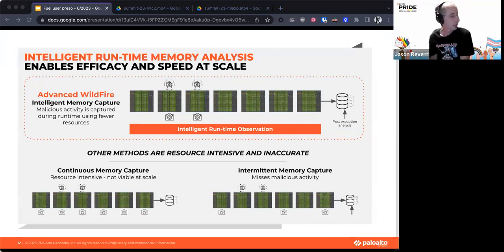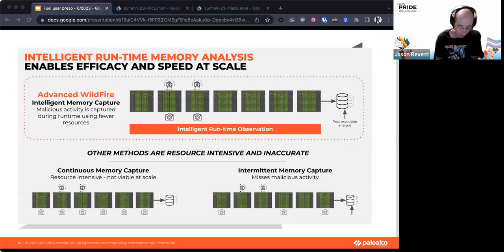So let's see. Jay asks, in the case of a 0-day attack, will Advanced WildFire not be able to detect, or detect late? The file will enter the PC. So would the signature be made instantly to block, or will it take time?